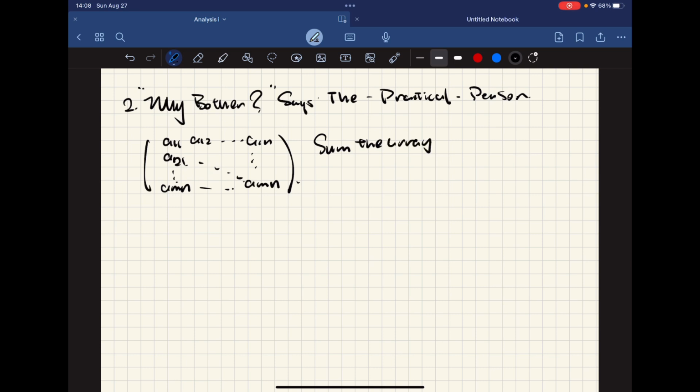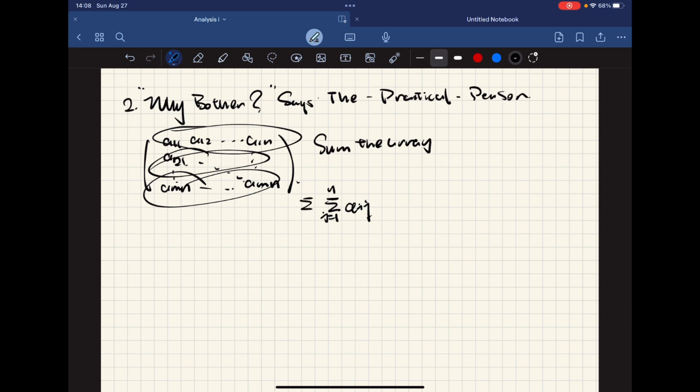One way we are going to do this is that we first go horizontally. So for a fixed row index, we sum over the column index, which is j. So j goes from 1 to n, and then we just add up over the rows. So i goes from 1 to m.